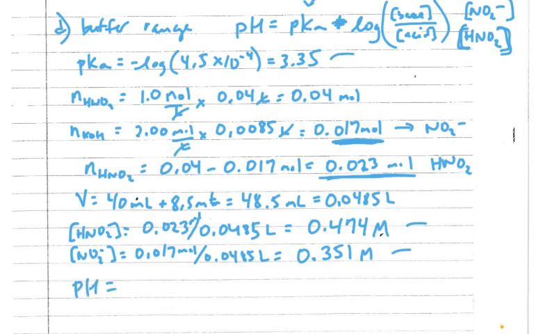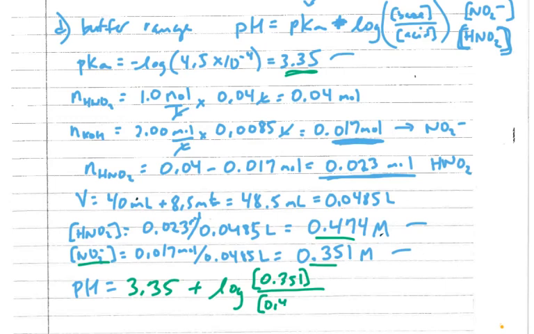pH equals pKa. The pKa we said was 3.35 plus the log of the concentration of the base, which is 0.351, over the concentration of the acid, 0.474. And so that simplifies to 3.35 plus, let me just calculate this log real quick, 0.351 divided by 0.474 is 0.741, and the log of that is negative.